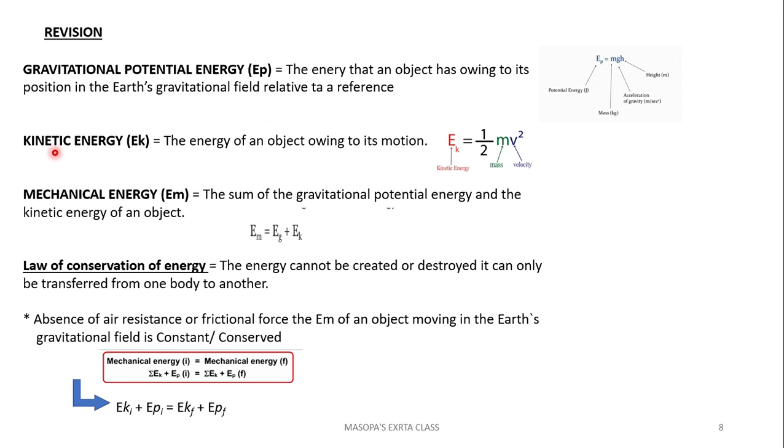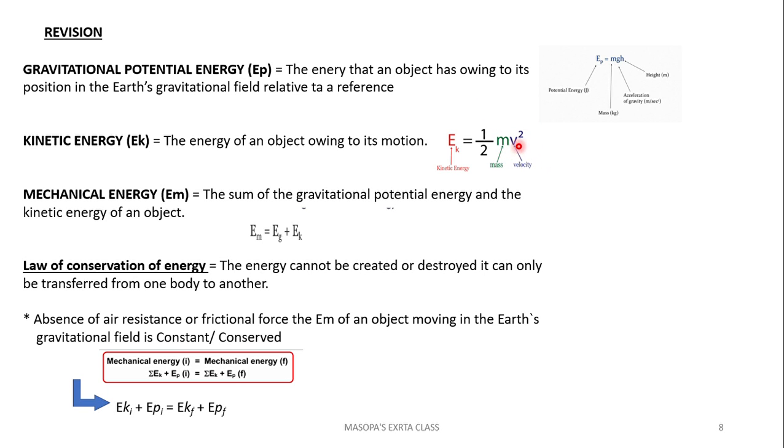Again, we're looking at kinetic energy, which is the energy of an object in motion. This is how we calculate the kinetic energy: one half the mass, and remember the mass must be in kg, times the velocity squared.